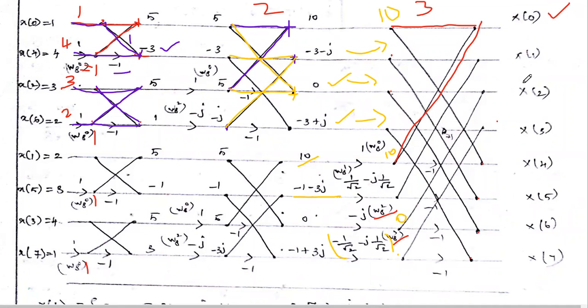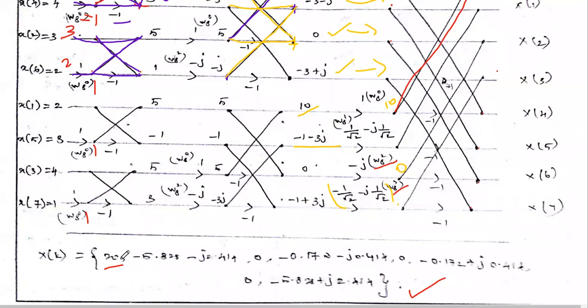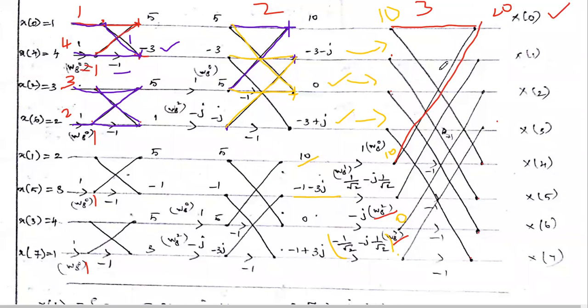What is the x of n value here? 1, 2, 3, 4, 4, 3, 2, 1. So you just add 1 plus 2 plus 3 plus 4 plus 4, 3, 2, 1, and the answer is 20. So this first answer X of 0 is nothing but the addition of all the time domain values. Here we got 20, so the first answer is correct.